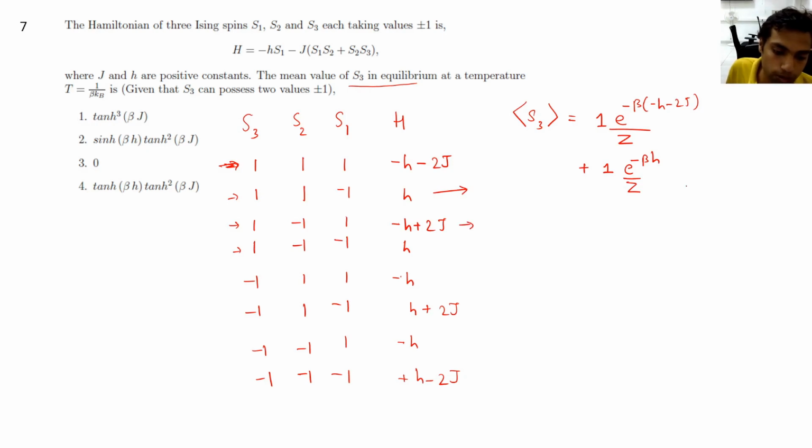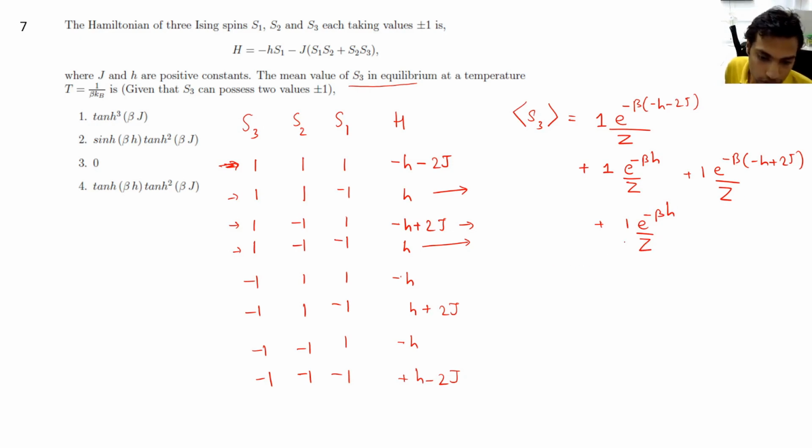Then from this part we have to take plus 1 times e to the power minus beta times minus h plus 2J over Z. Then the contribution from this, so it is plus 1 times e to the power minus beta h over Z. We have to find what Z is also.